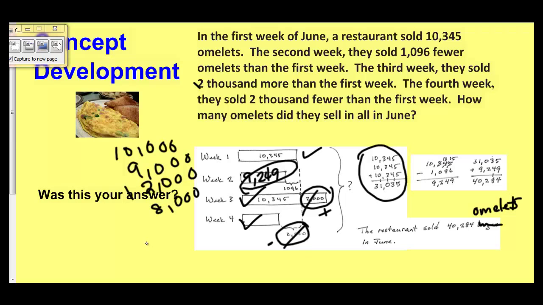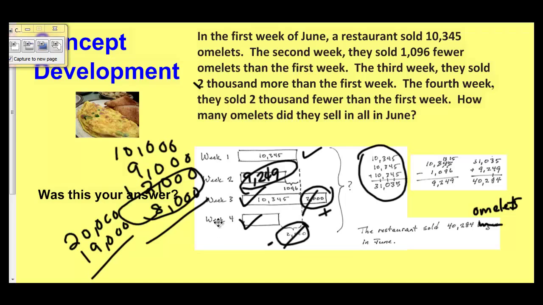So I know that 12,000 and 8,000 are 20,000. So then I've got 20,000 plus 10,000 plus 9,000, which is 19,000, and that gives me 49,000. Excuse me, that's 39,000. That's actually really pretty close to our actual answer. So that tells me that this is reasonable.